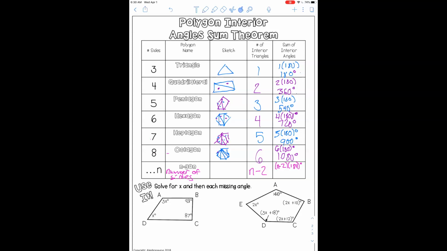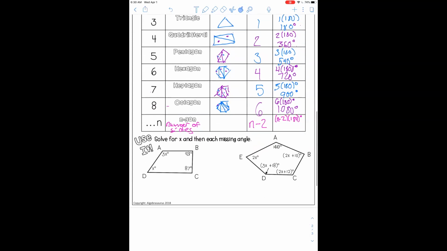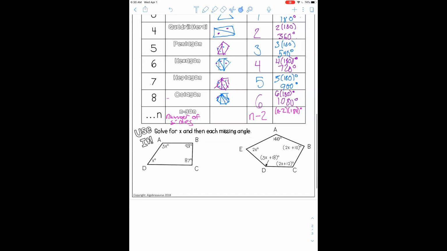So now how are we going to use that? We can use that information to find missing angles inside of polygons. So we know that we have 4 angles inside of a quadrilateral, and now we're going to use it to figure out the angle that we are missing. A quadrilateral has 360.